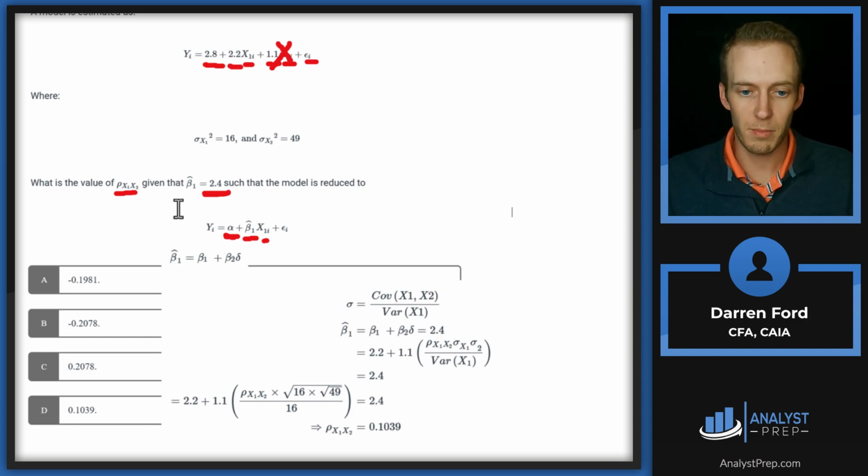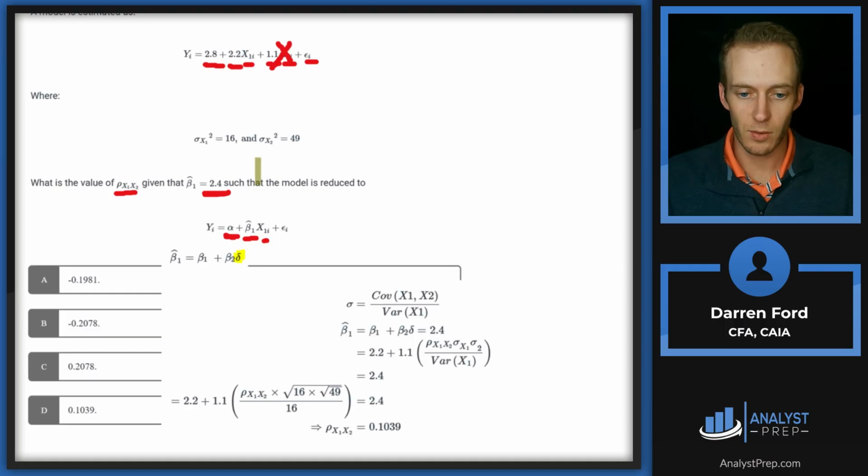So the new B1 hat is going to be equal to B1, the original B1. So we're given that at 2.2. And then we're going to do plus B2 times this omitted variable portion.